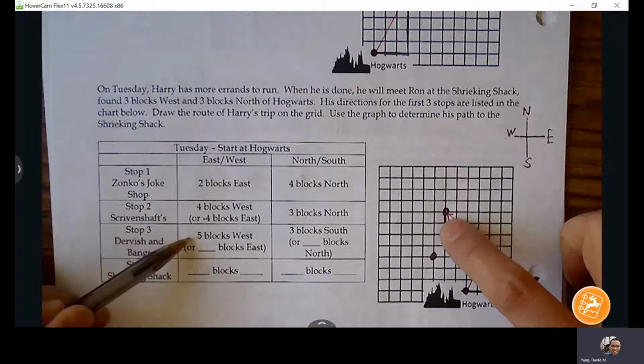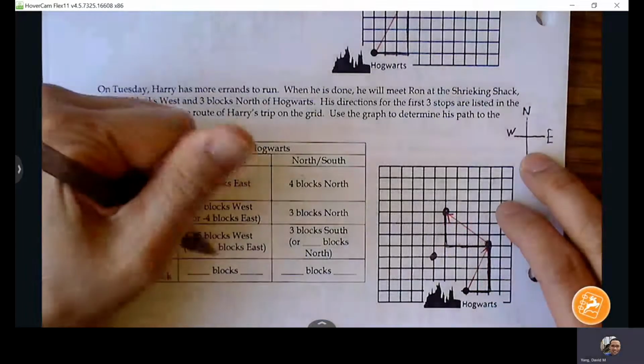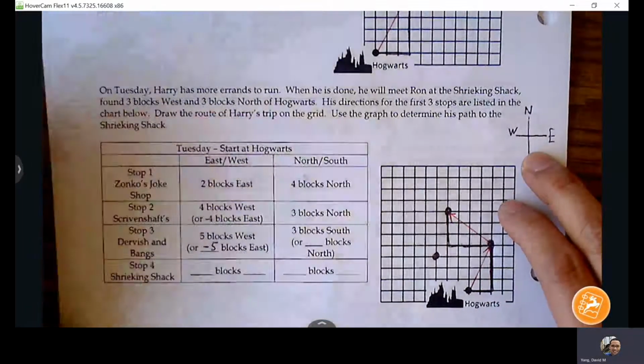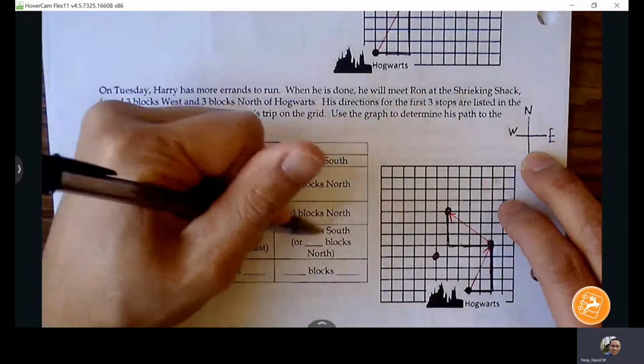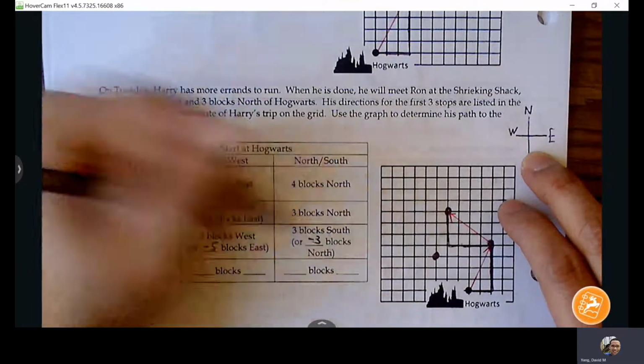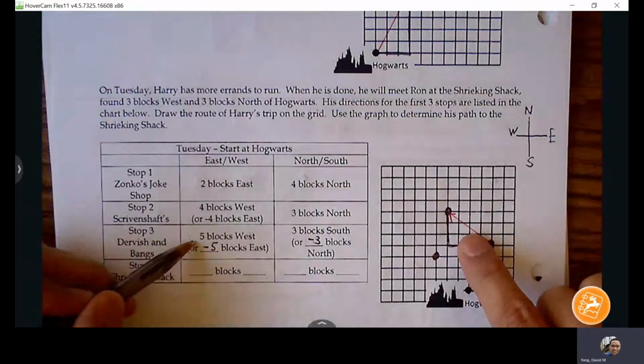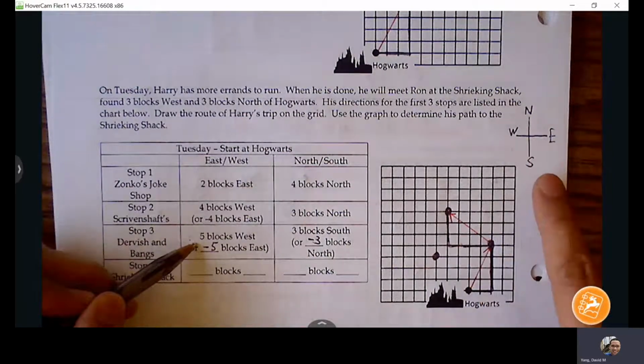Okay, next stop, 5 blocks west, or you can think of it as negative 5 blocks east, 3 blocks south, which is negative 3 blocks north. Okay, so we're going to go 5 to the left and 3 down.